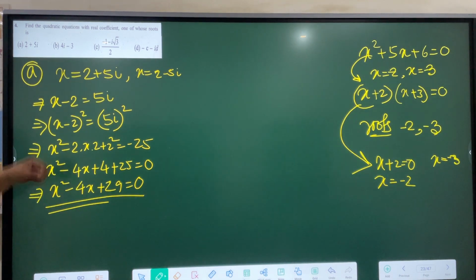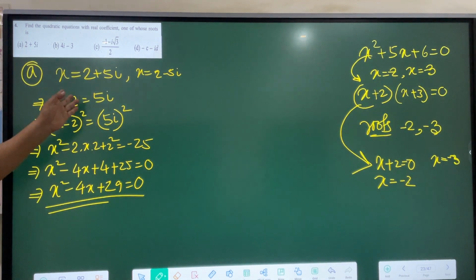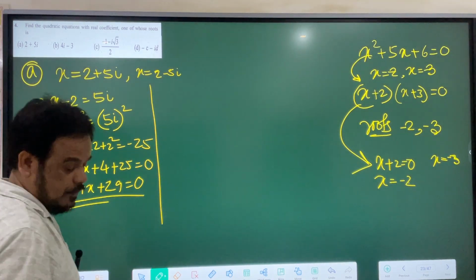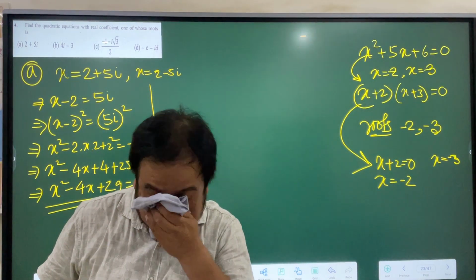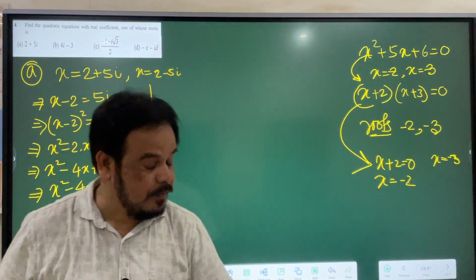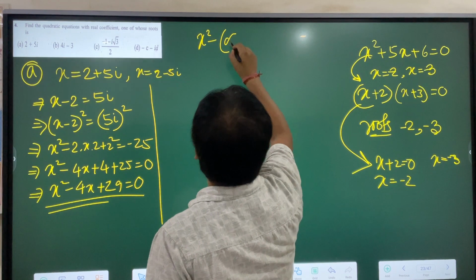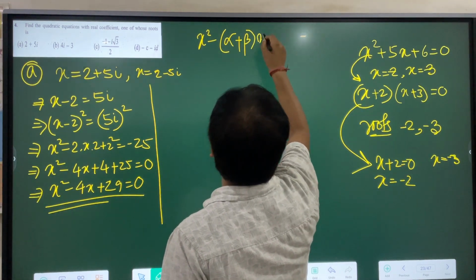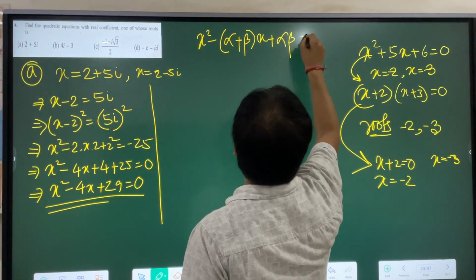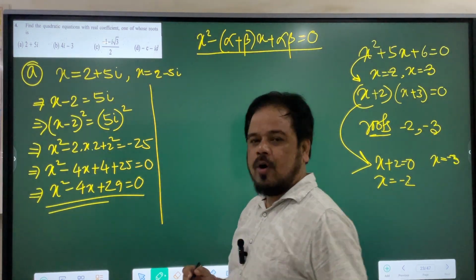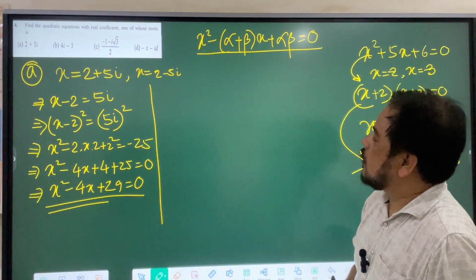Other way, quadratic equation you can find it in a different way. Okay, I already explained you x square minus alpha plus beta x plus alpha beta equals to 0. This is one of the formats for quadratic equation.